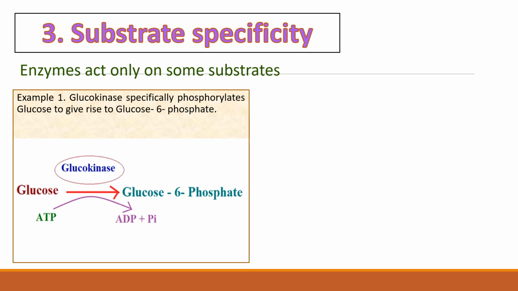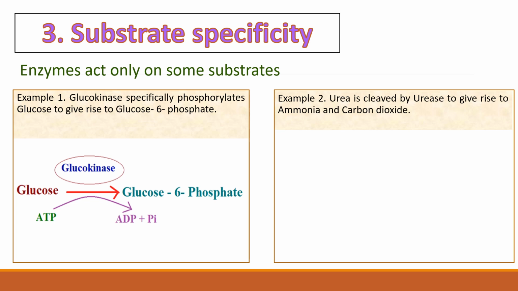Glucokinase specifically phosphorylates glucose, resulting in glucose 6-phosphate. And one more example that we have is urease. Urease is the enzyme which is involved in cleaving urea, and it gives rise to ammonia and carbon dioxide. So both these enzymes are very much specific in their action.